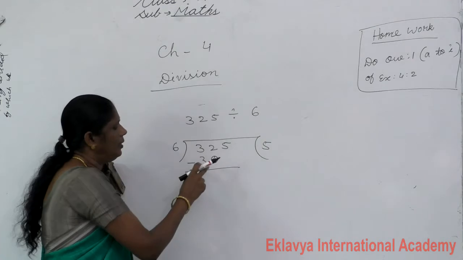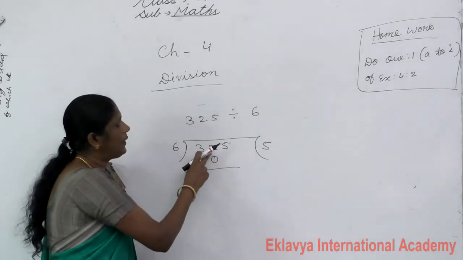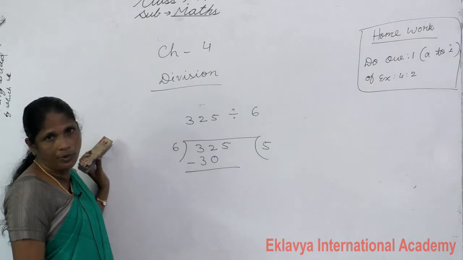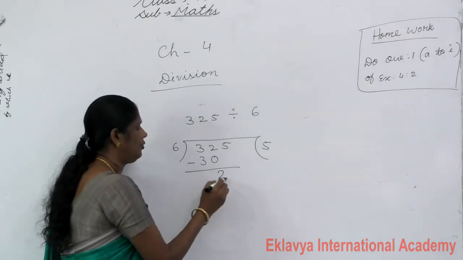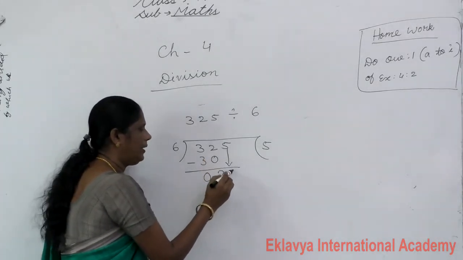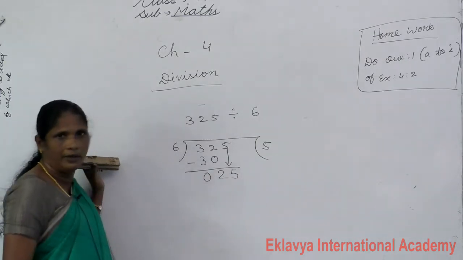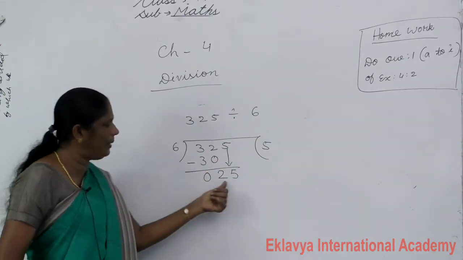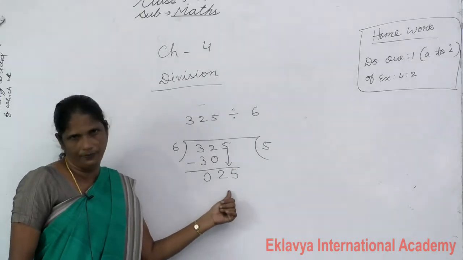Then 0 subtracted from 2. 0 take away from 2, you take 2. Then 0. Then 5 comes down. Now our number is 25.